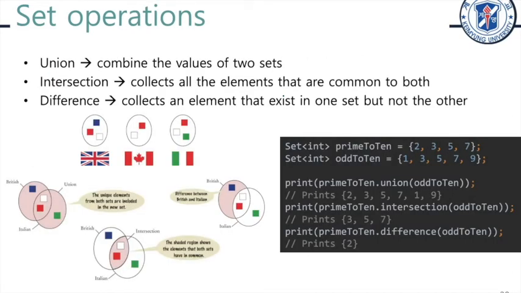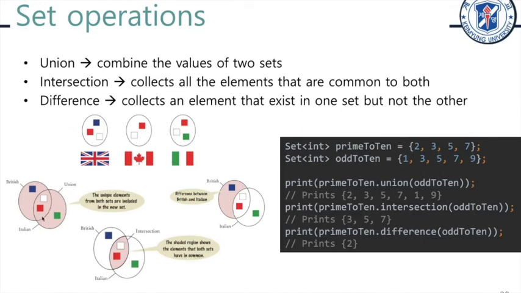There are operations associated with a set similar to the mathematical set. You can combine two sets using union, you can find the intersection using intersection, and you can find the difference between two sets.